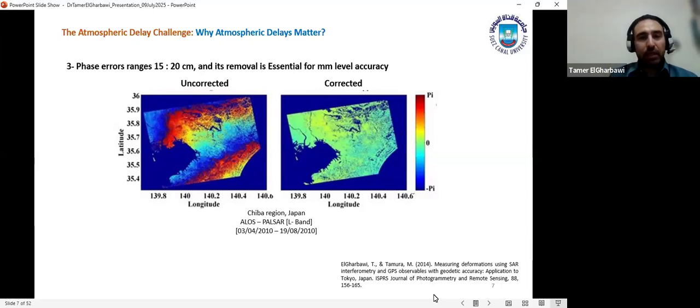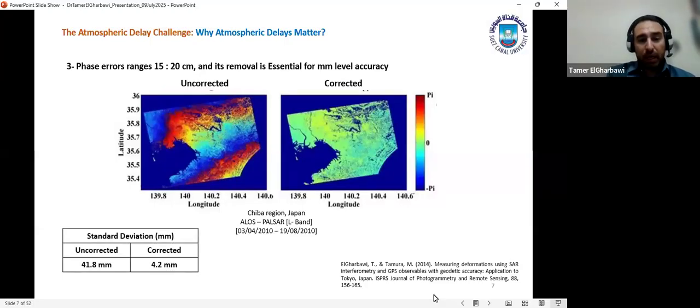Here on the left is an interferogram using ALOS-1 in the Chiba region of Japan. There is no deformation in this time frame. We can see that a lot of fringes are masking what's actually happening. Actually, there is nothing happening in this time frame. There was no deformation, no earthquake, nothing. As you can see, after correction, we can get a clear interferogram or a clear unwrapped phase.